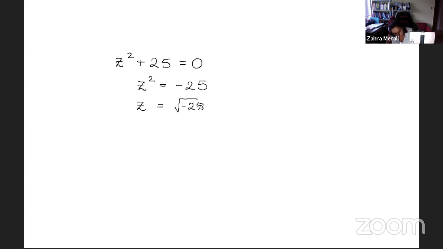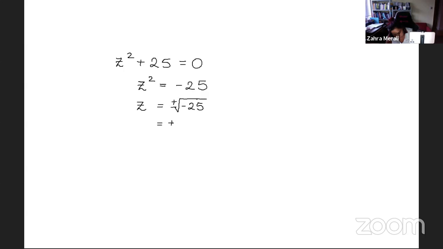So now let's solve some quadratics where we can use this i. So let's have a look. We've got z squared, say, plus 25 equals 0. So I'd say, okay, that means z squared equals minus 25. Now, normally we'd say, oh, you can't do anything. But now we know that z is the same as the square root of minus 25. When we take a square root, we can get plus or minus.